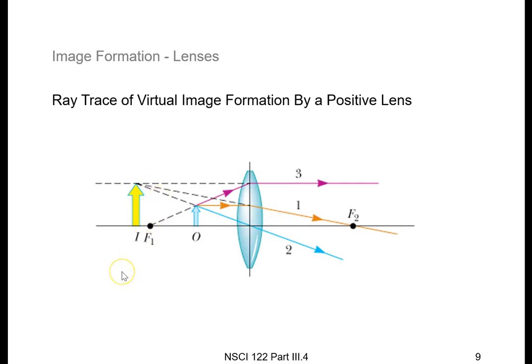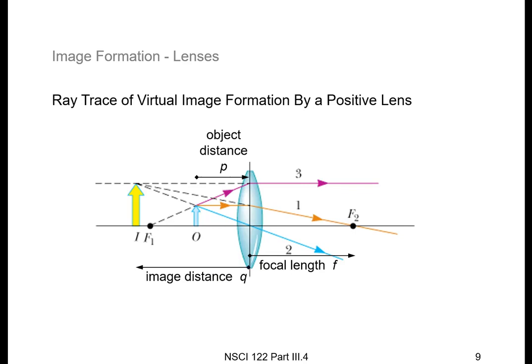Now, if we were going to label some quantities, there's the focal length of the positive lens, from lens to that back focal point. There's the object distance, from the object to the center of the lens. That would be a positive p if we obeyed the plus-minus convention. The image distance is always measured from the lens to the image location.